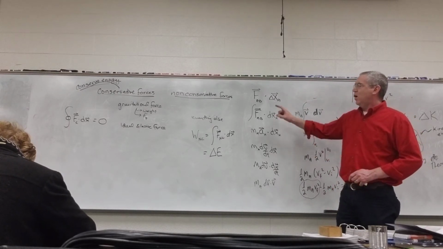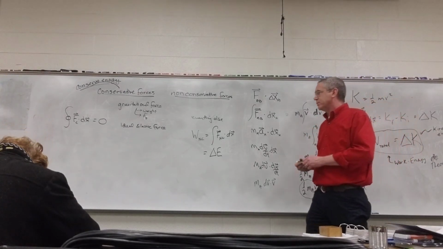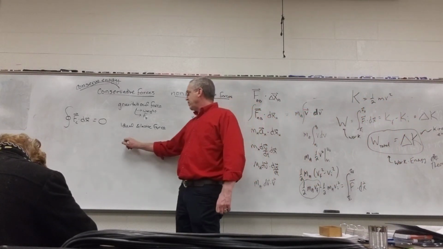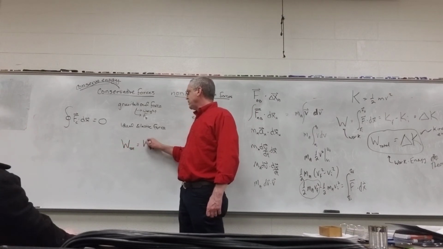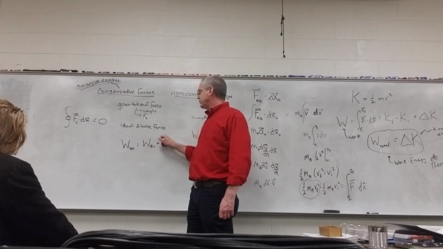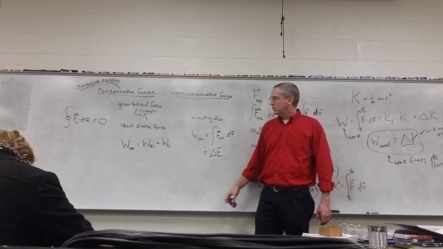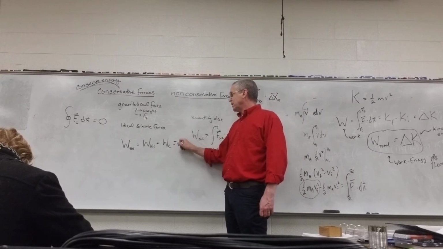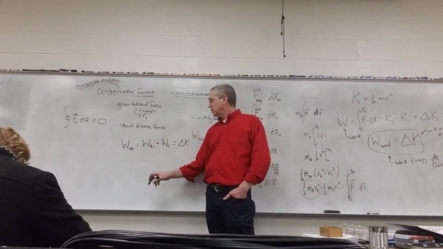Since each force is either conservative or non-conservative, the total work should be equal to the non-conservative work plus the conservative work, because those are the choices. That should be equal to the change in kinetic energy, because that's the total work.